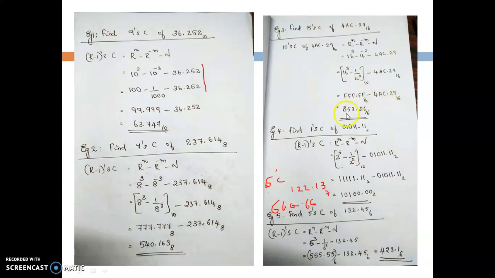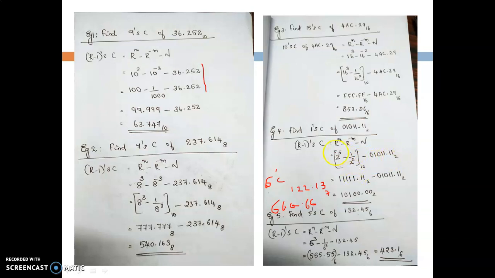Okay. The next question is find the one's complement of 01011.11 to the base 2. We know that we can find the one's complement by just inverting 0 to 1 and 1 to 0, but we are just trying it using this formula. So it is (2^5 - 1)/2^2 minus 01011.11.